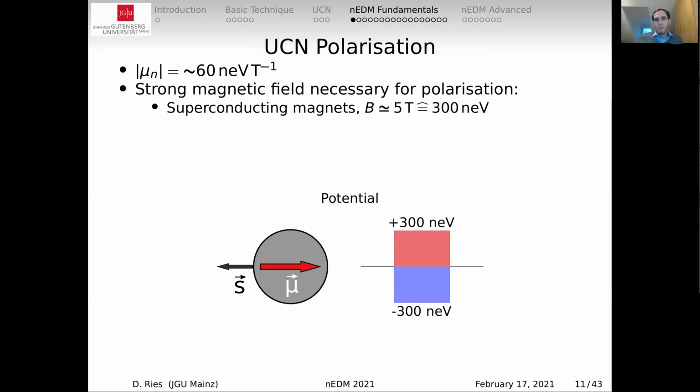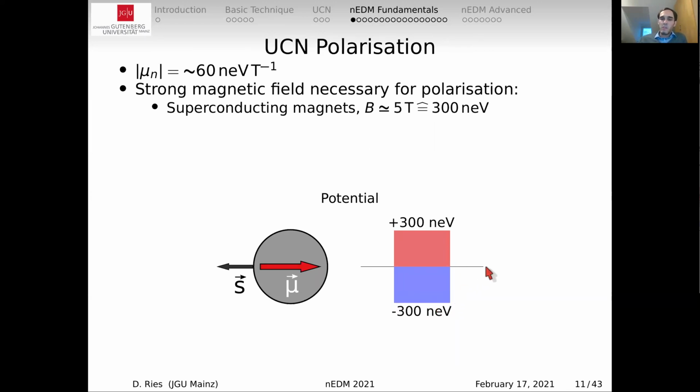And if we want to use that for polarization, we can look at the potential energy, if you like. So if your neutron approaches here, and then you have the strong magnet here, it will, for one spin species, so for the high field-seeking neutrons, create a potential well of the depth of about 300 nano electron volts.